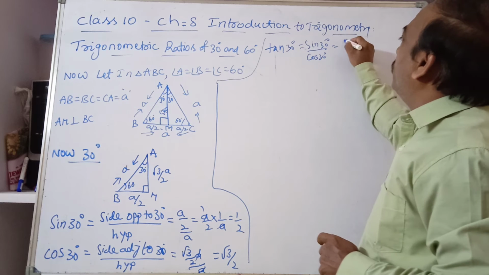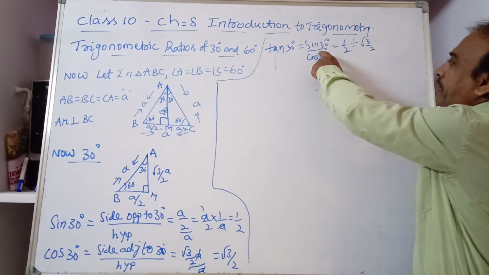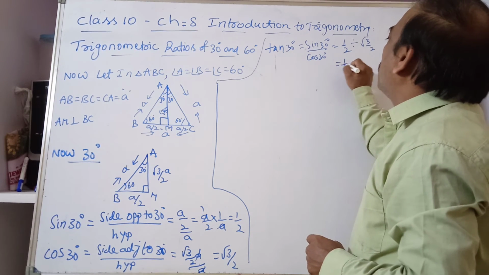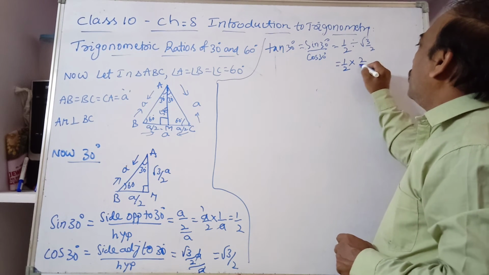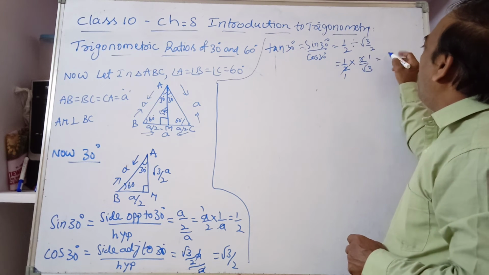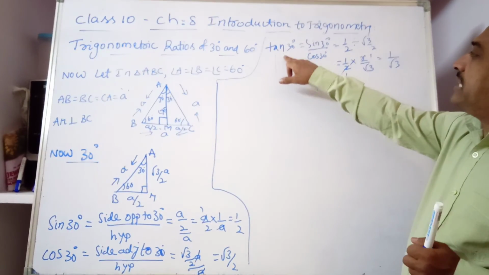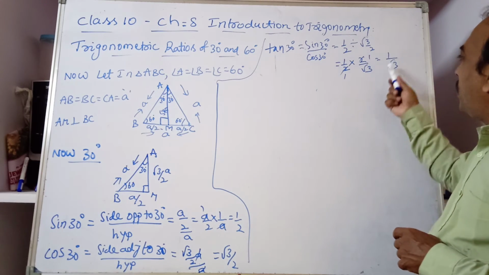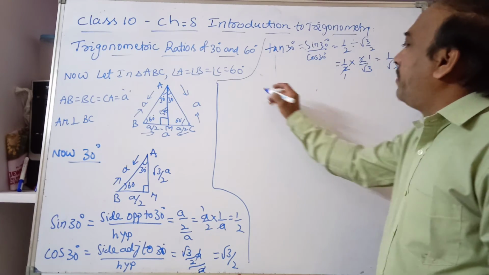So 1 by 2 divided by root 3 by 2, which will be equal to 1 by 2 into the reciprocal of root 3 by 2, which is 2 by root 3. The 2s get cancelled. 1 into 1, 1 by root 3. That is, tan 30 value is equal to 1 by root 3.